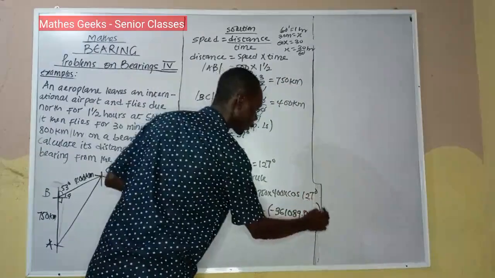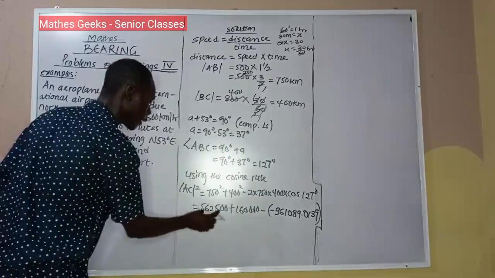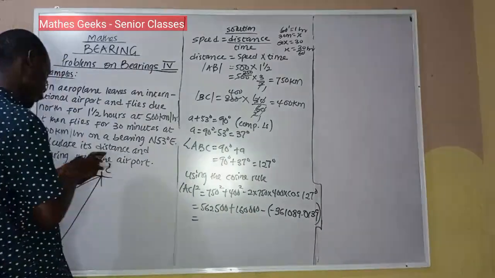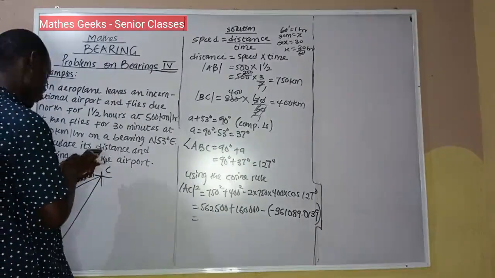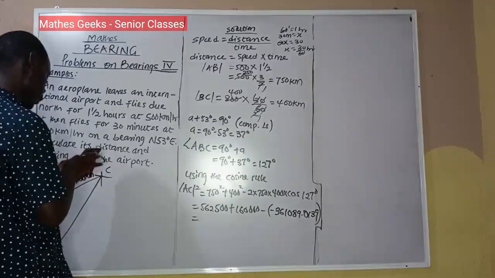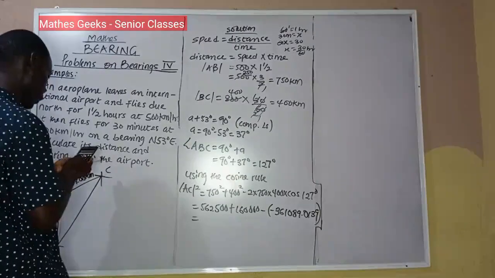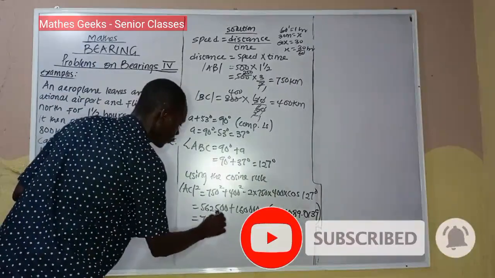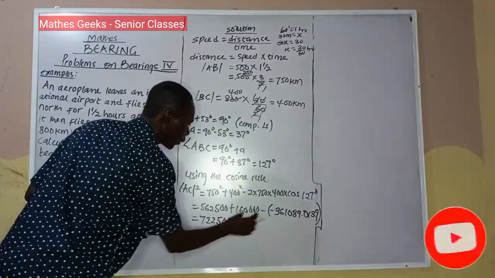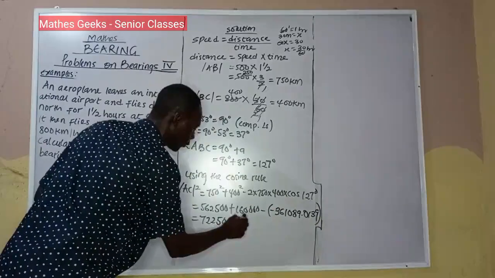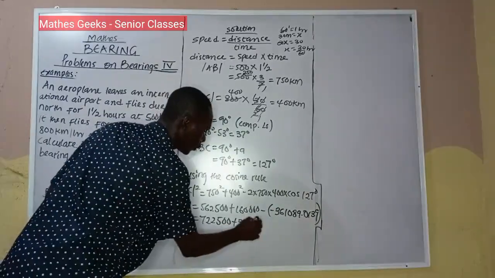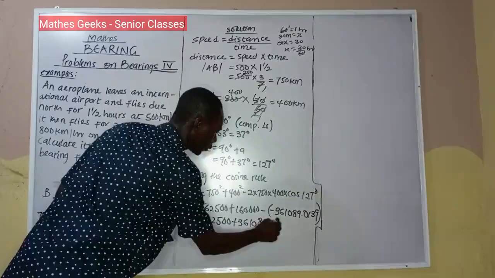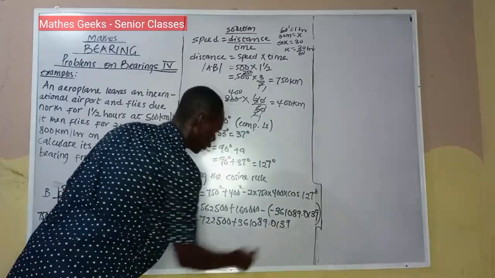Okay, close the bracket. So let's add this part up. 562,500 plus 160,000 is 722,500. Now minus times minus gives us plus 361,089.0139.